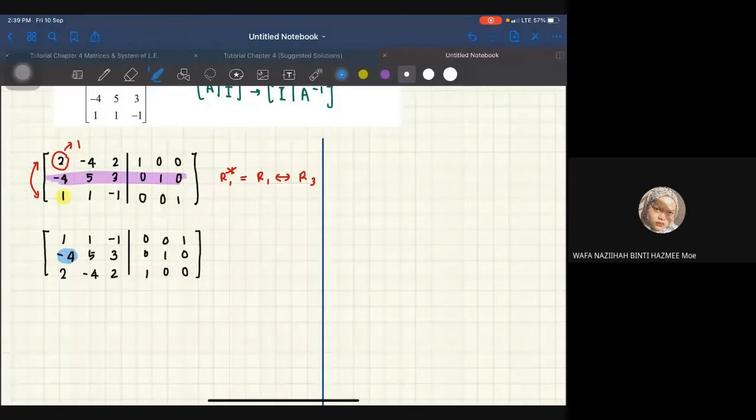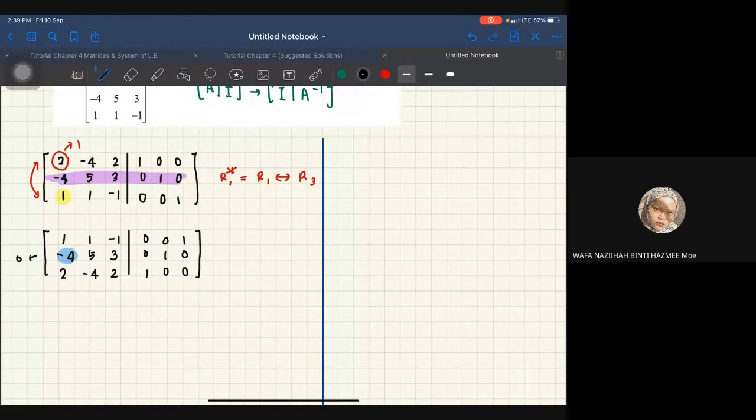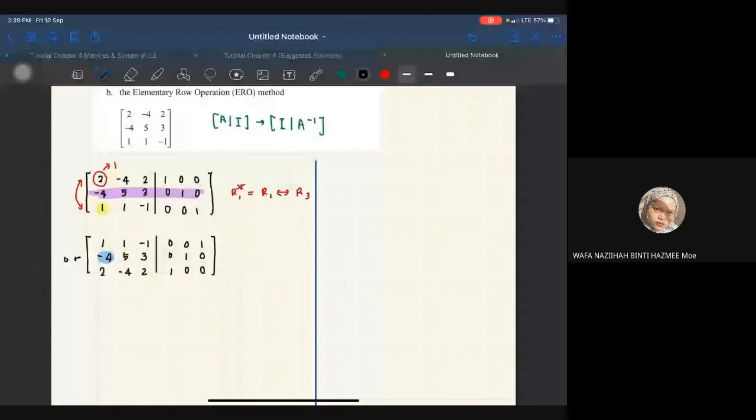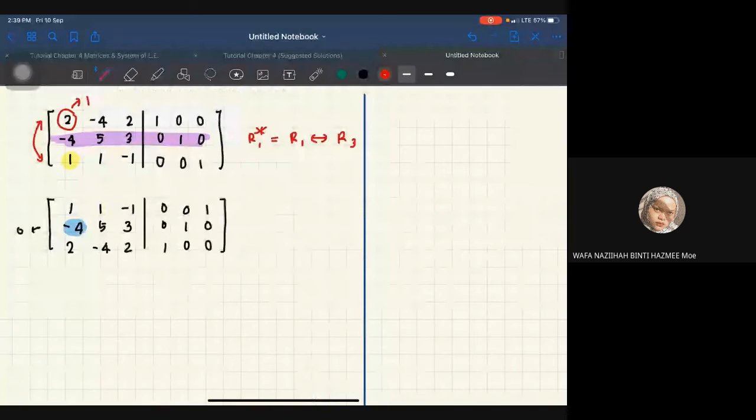Okay, so cara dia. Alright, so sekarang ni row yang kita nak ubah adalah row yang kedua. Okay, so awak tulis kat sini row kedua. Okay, so sekarang leading diagonal kita untuk kolom yang pertama, dia berada dekat row yang keberapa? Boleh faham tak soalan saya? Okay, saya ulang.